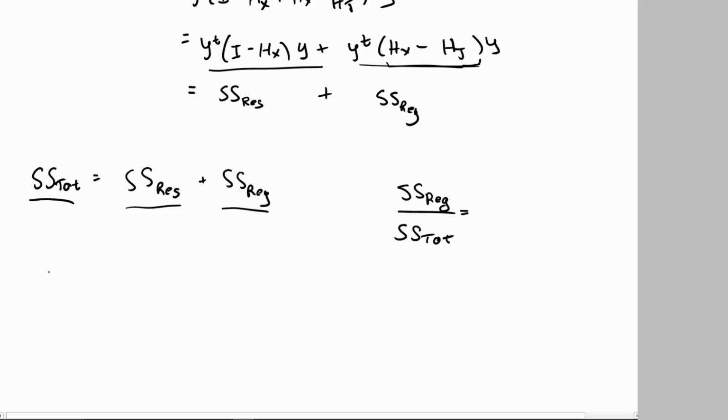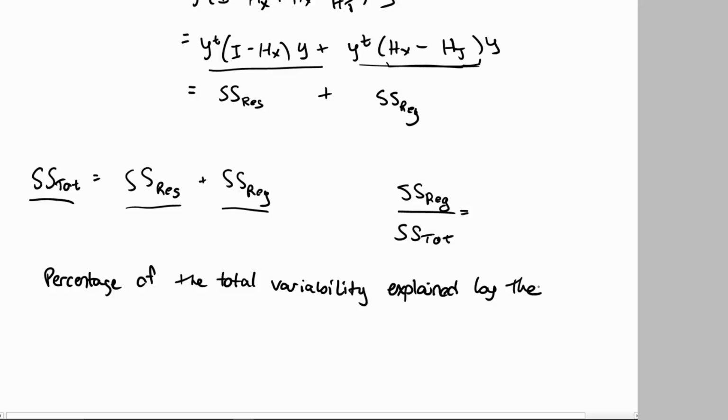That is going to give us the percentage of the total variability explained by the linear association with the added regressors.